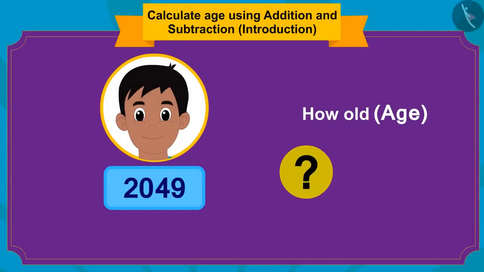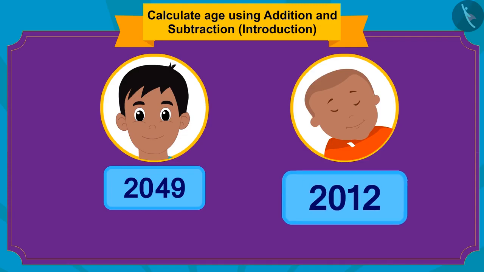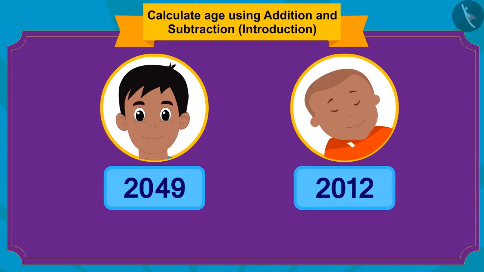2049? It's very easy. Whenever we have to find the future age of a person, how much will it be in a certain year? So we only have to reduce the year of his birth from the future year.